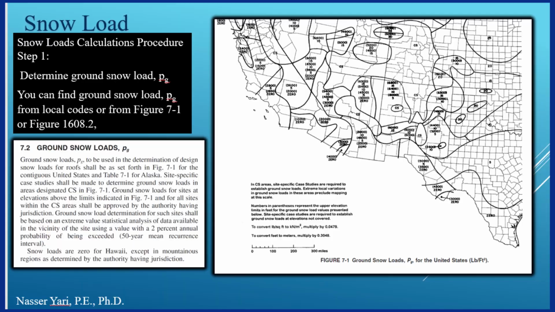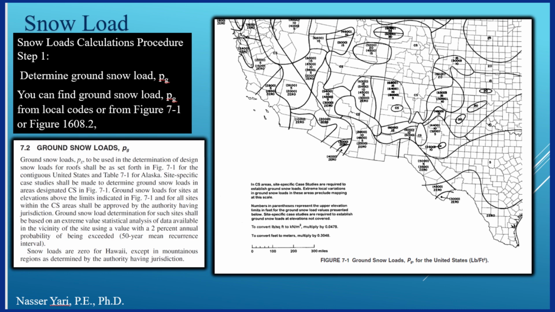Step number 1, load calculation: determine the ground snow load, Pg. Normally you can find this from local codes, and that's the best way to find it. Every state has one of these. It can tell you exactly what town and what the ground snow load is. If you can't find that, then you can go to either IBC or ASCE Figure 7-1, and for example here they have the region map for the United States, and you can pull the ground snow load off the map.